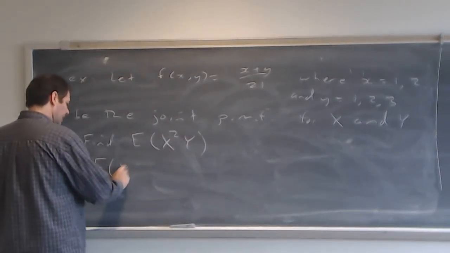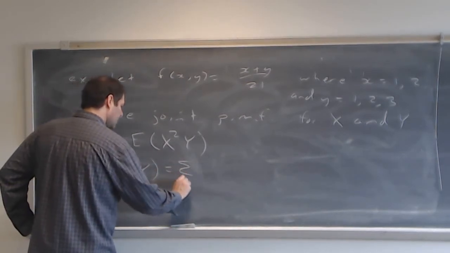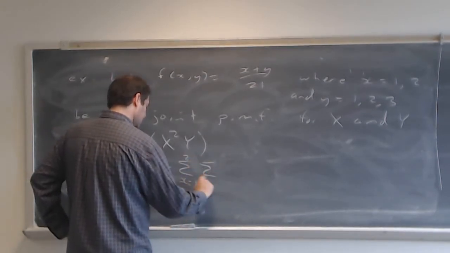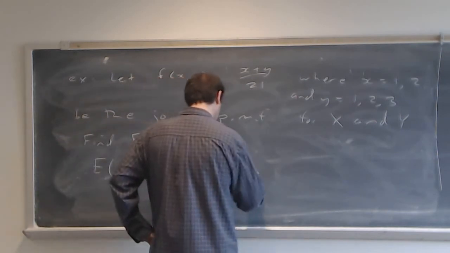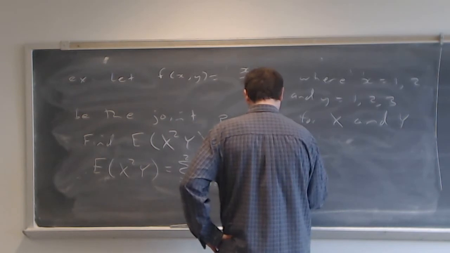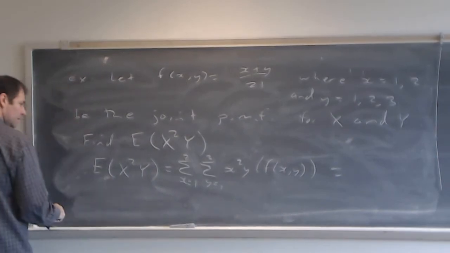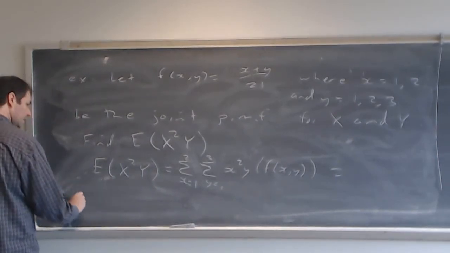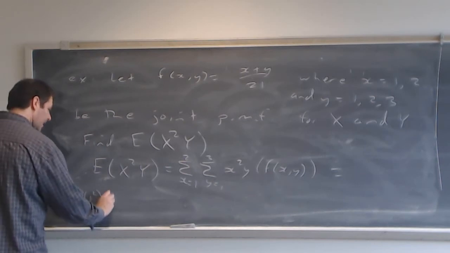The expected value of X squared times Y is equal to a double sum. Here the x values run from 1 to 2. The second sum is y running from 1 to 3, in this case. It would be of x squared y times f(x, y). Alright, so let's let x be 1.